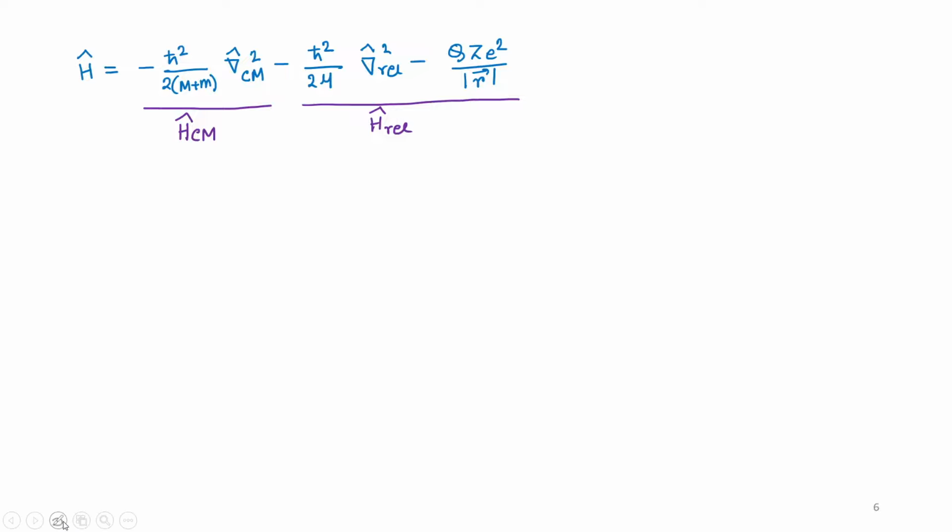So now we are able to break it into two terms, right. So the Schrodinger equation will look like this.